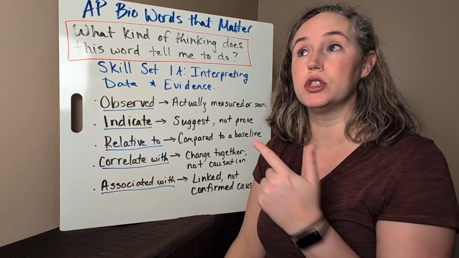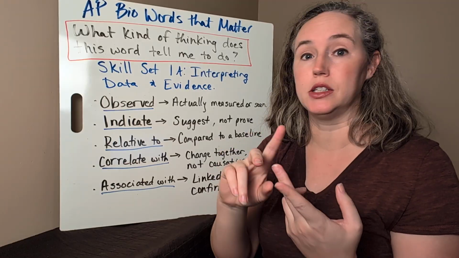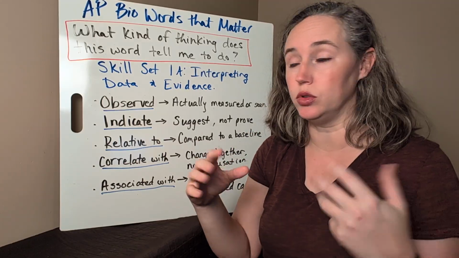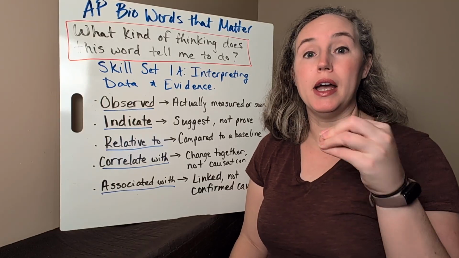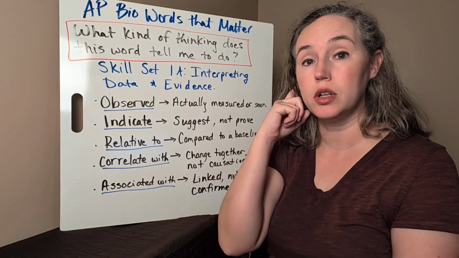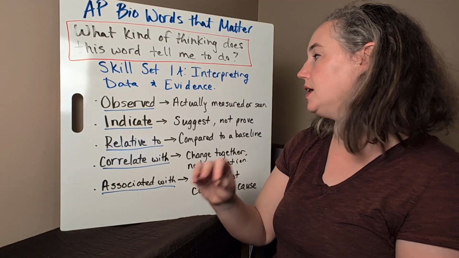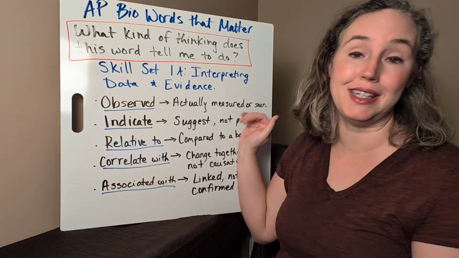These are words that you're going to see on questions that have data tables that ask you to read a graph or interpret results. So when AP Bio says the word observed, what you should hear in your mind and read is what is being actually measured or seen.